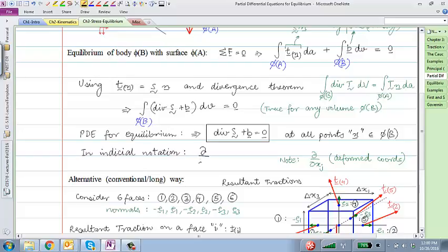That would be partial Sij partial xj. That would be divergence of stress, the ith component, plus Bi equal to 0. Right?